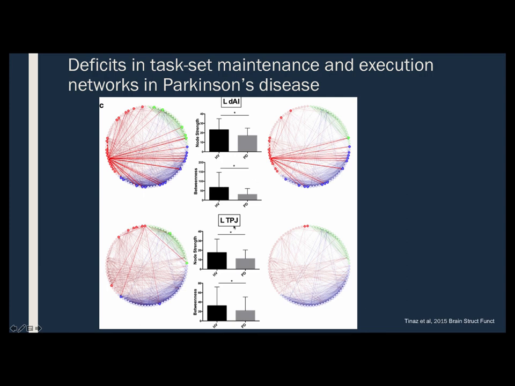In particular here, exploring a little bit more, as you can see, there is a big difference: the patients start losing these connections, and they have a much thinner overall network with the TPJ and the dorsal anterior insula. So definitely the deficits that they have, even though they are motor, are probably caused more by deficits in other areas of the brain that usually we don't focus that much on in Parkinson's.